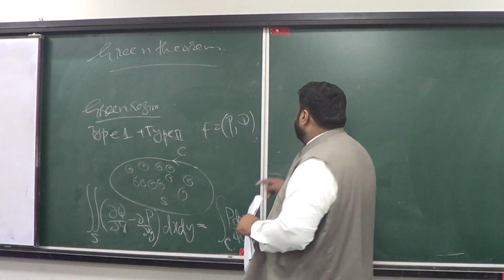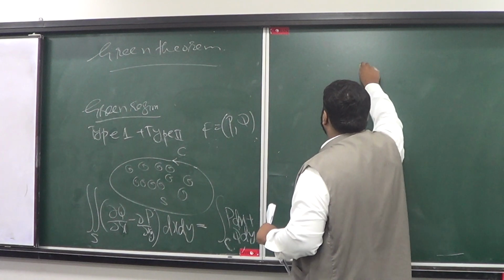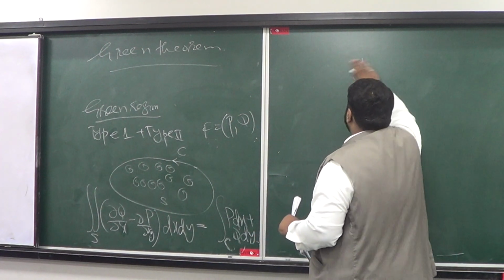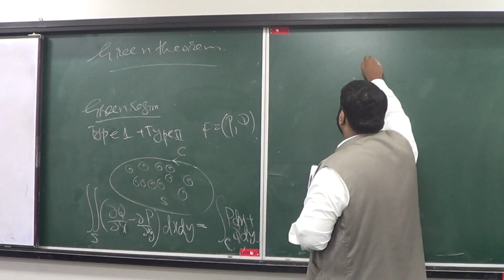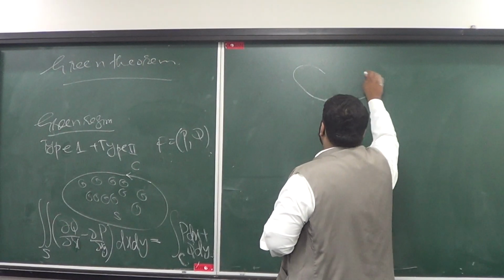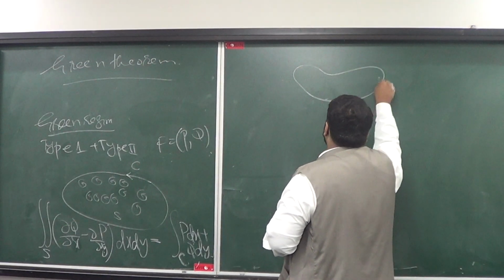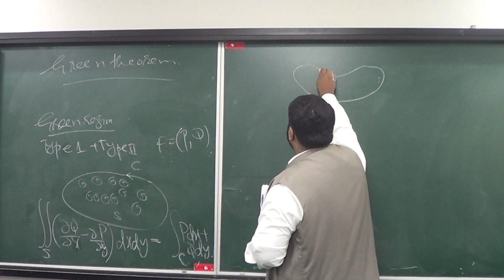For example, take a region that is only type 1, that looks like something like this. Maybe I must draw it carefully. It looks like this. Something like that.